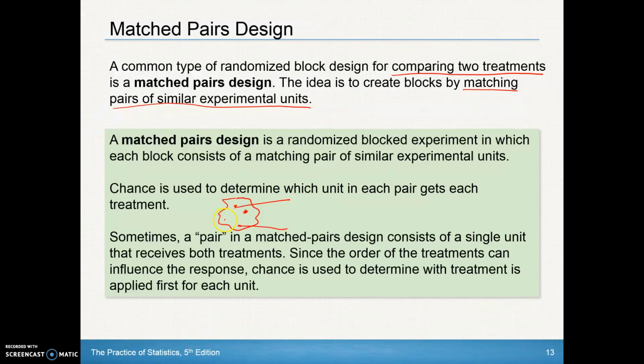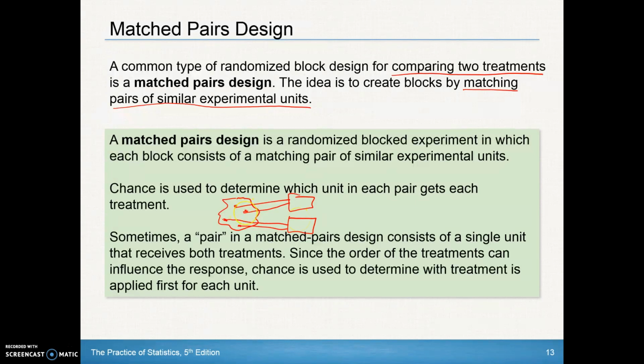Have somebody here and then find somebody there that's similar to them in the different ways that we're looking for. Put one in one group, one in the other group. So we're trying to match, so the people that end up in this group are matched pretty closely with the people in that group right here. We don't necessarily know ahead of time like in a block design.